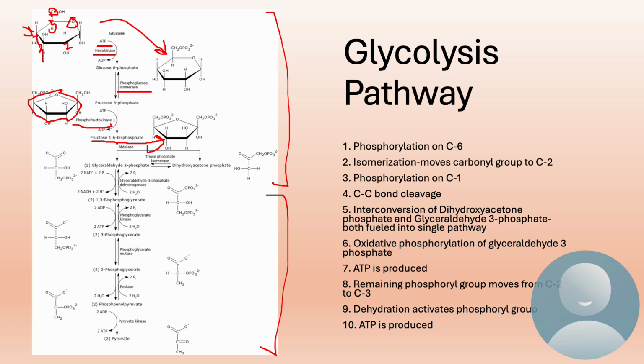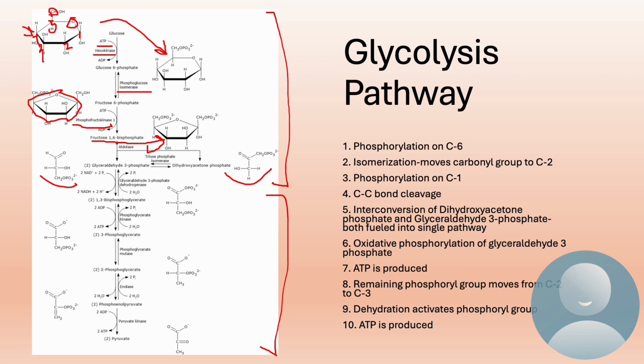The next step is sort of a turning point for glycolysis, and it involves a special enzyme called fructose 1,6-biphosphate aldolase, which is generally referred to simply as aldolase. This is a step where that ring is broken, and this is an aldol condensation reaction, and two very similar smaller molecules are formed called glyceraldehyde 3-phosphate and dihydroxyacetone phosphate.